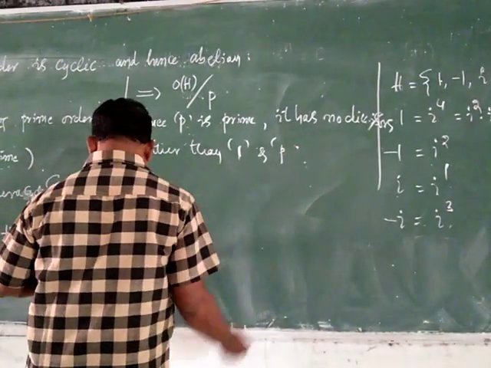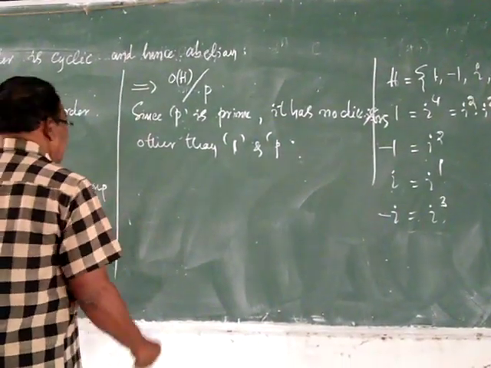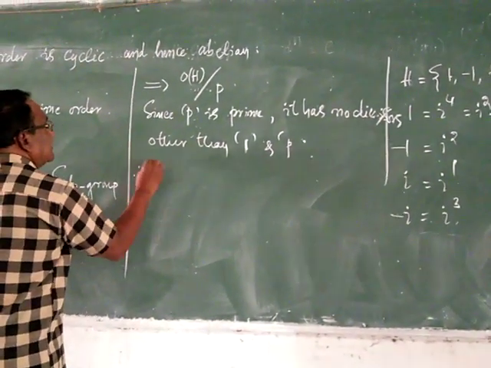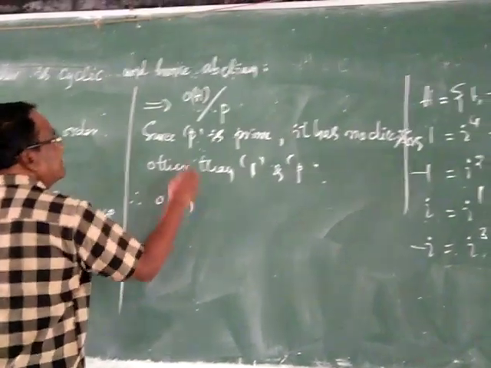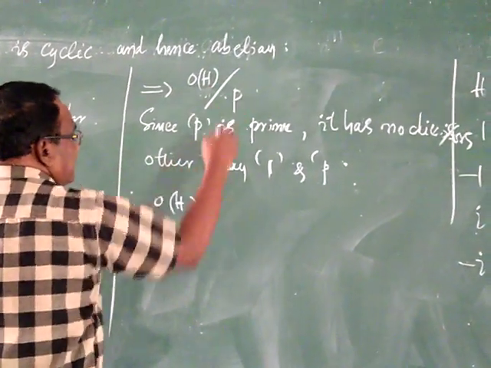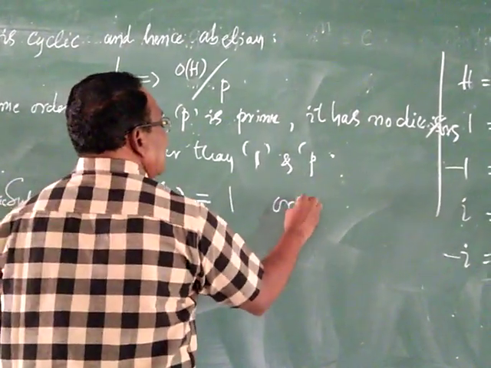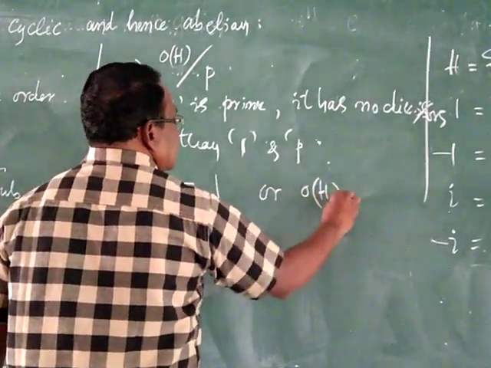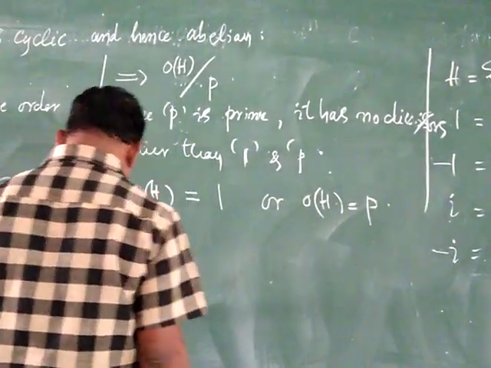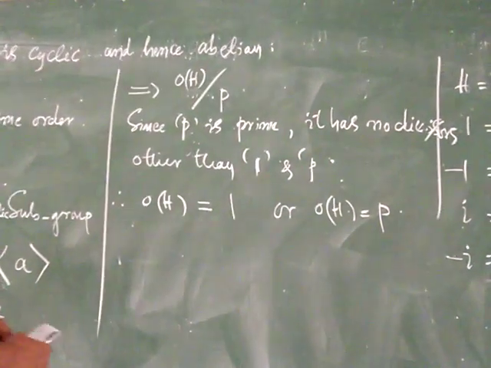Therefore, order of H divides p means order of H is either 1 or order of H is equal to p.